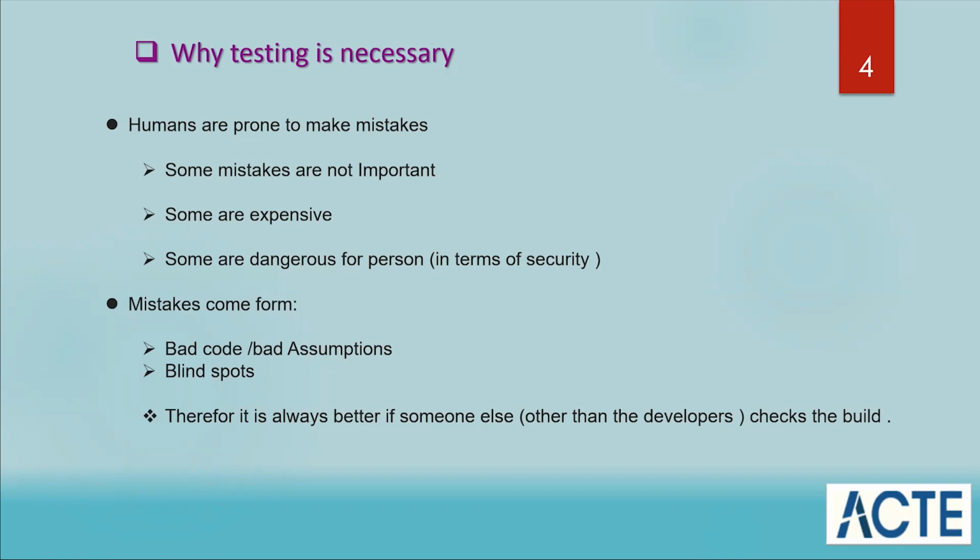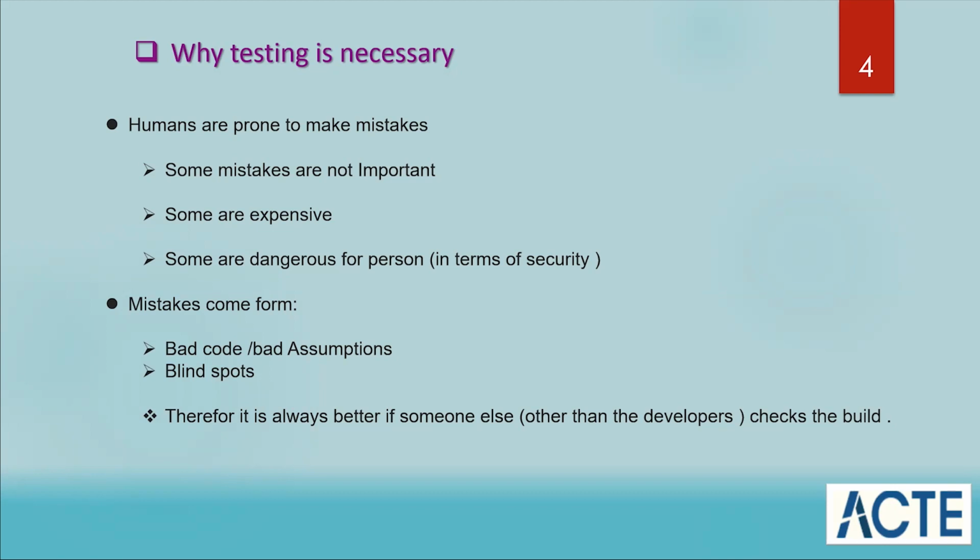Without testing, if we release it to the market and there is a security breach or any kind of breach, then the third party can file a lawsuit against us, and that will be expensive. We have to pay a certain amount in order to cover our mistake.